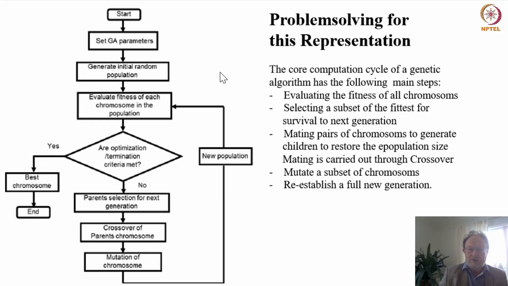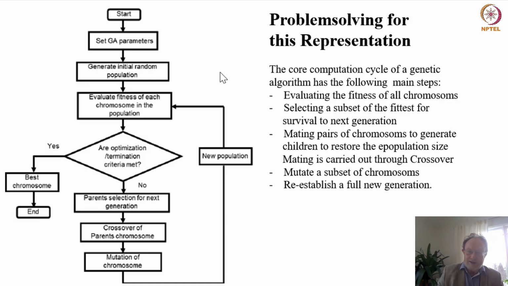Then we have a computational cycle where, in each step, the fitness of the whole population is evaluated. After that, a selection is made: a subset of the fittest from the population are chosen to be directly included in the next generation.